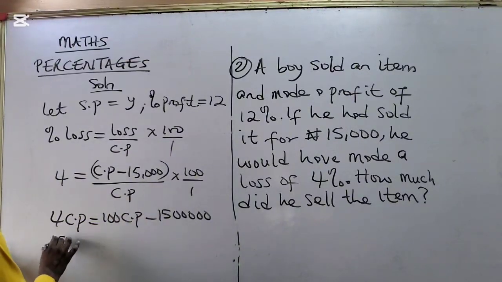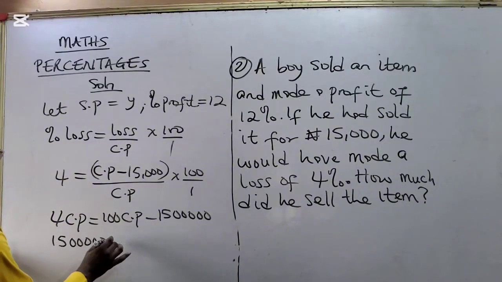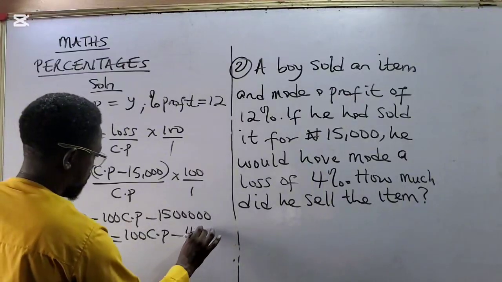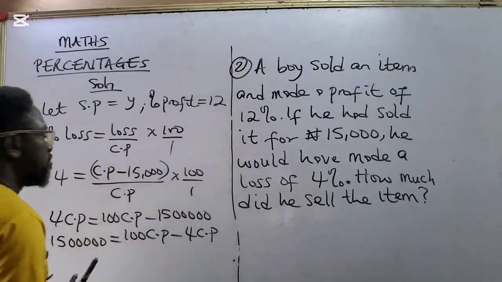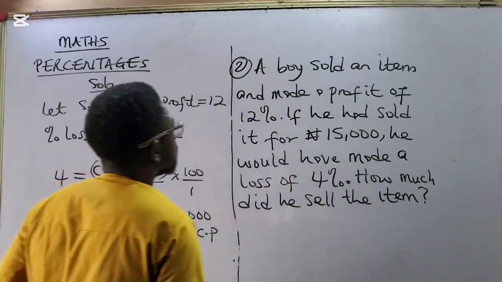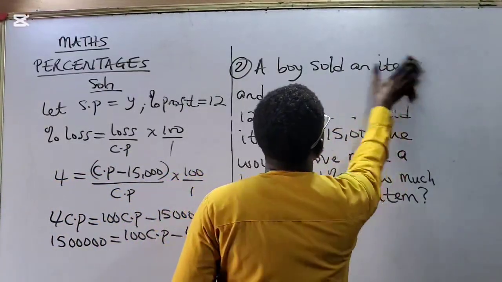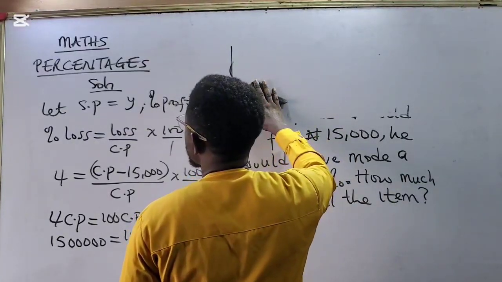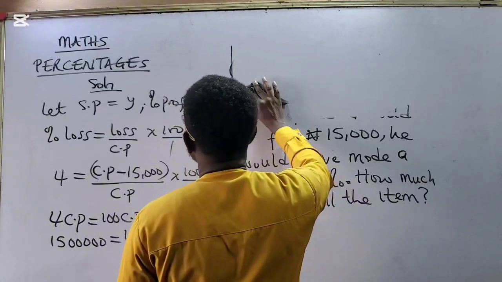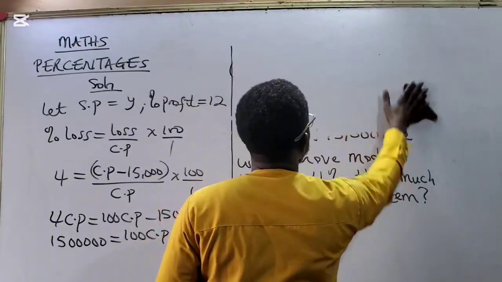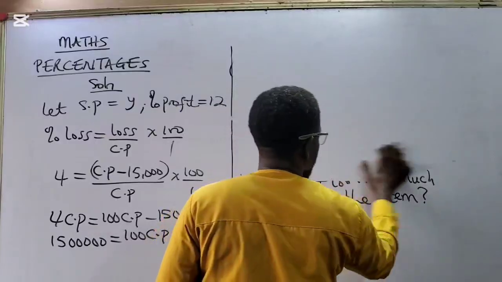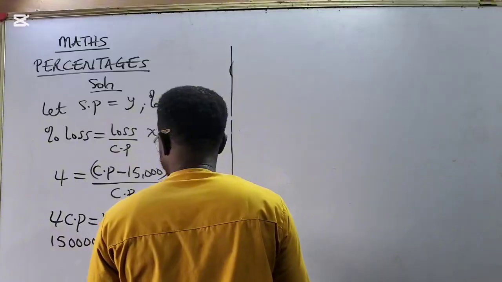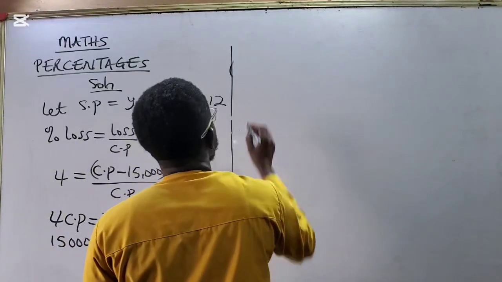So we have 15 that will be equal to 100 CP minus 4 CP. So we subtract.